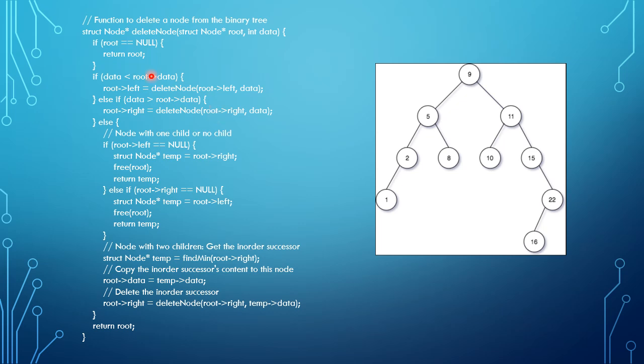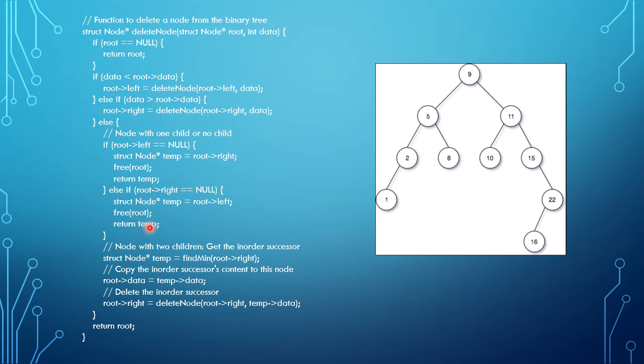After finding, it jumps to this part of the code. If the node has one child or no children, to delete this, we directly unlink the link between the root node and the current node. This code says that.